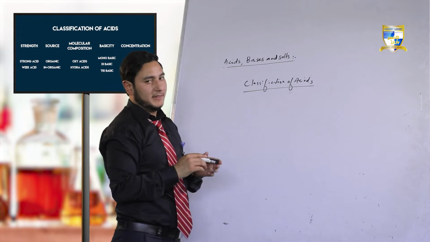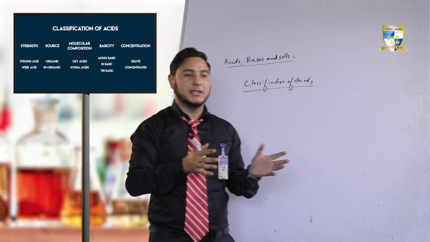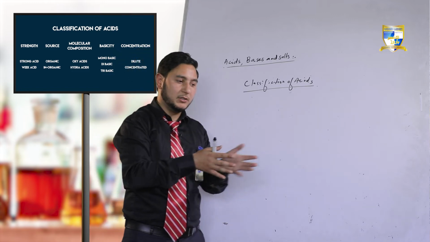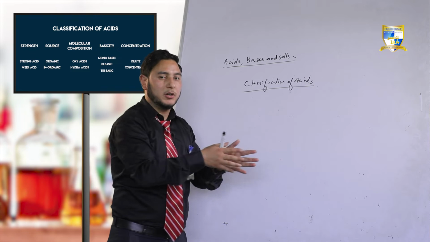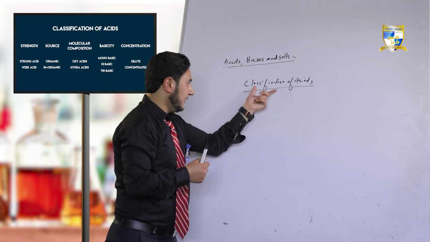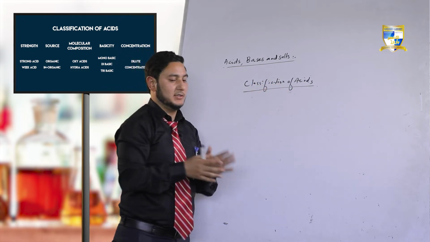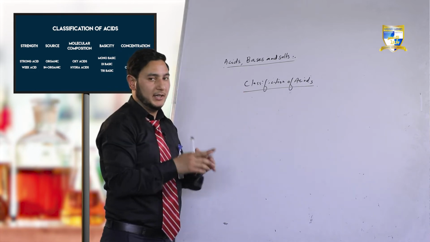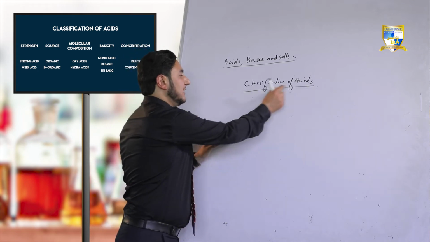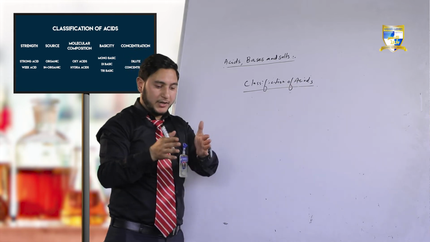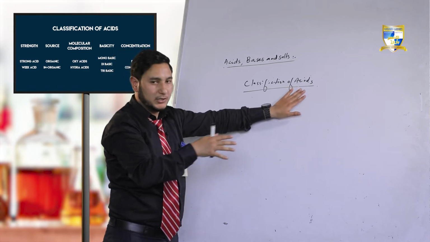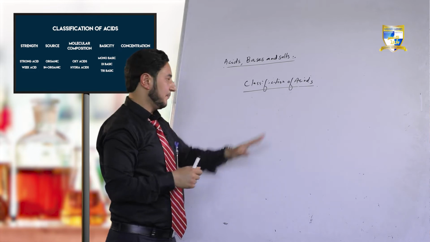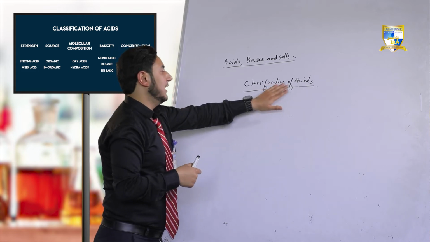Classification, as we all know, means grouping the same elements having similar characteristics or similar properties in one group and separating the ones that are not similar. Now here we are discussing compounds, acids are compounds. So we have to group the similar compounds into one group, and dissimilar compounds are separated from one another. Now how do we classify acids?